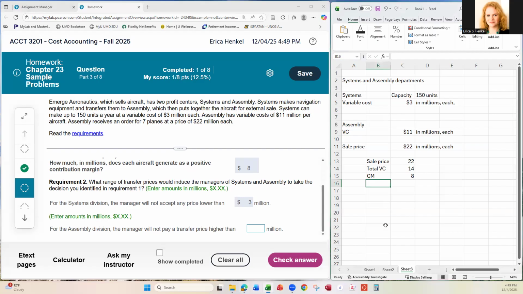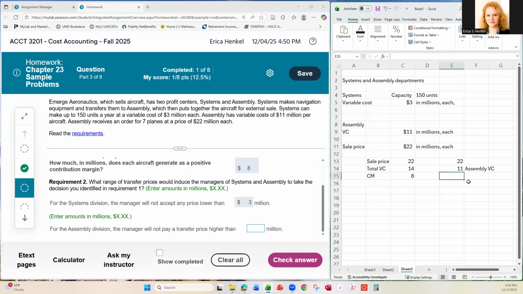The Assembly manager will not pay more than what would break them even. So we're going to sell this for 22, and the Assembly variable cost is 11.